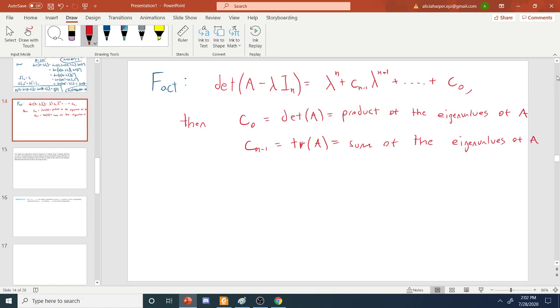So why is this true? Well, one way to think about this is basically to note that if we're looking at the determinant of this matrix, so A11 minus lambda, A22 minus lambda, and so on.